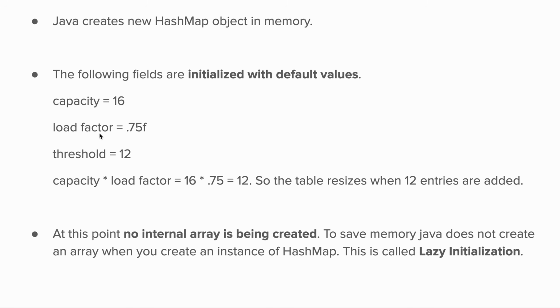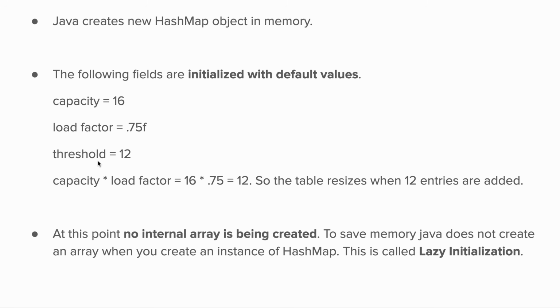This is the threshold that helps decide when to resize the map. It means when 75% of the buckets are filled, the map will resize to reduce collisions and maintain performance, right?